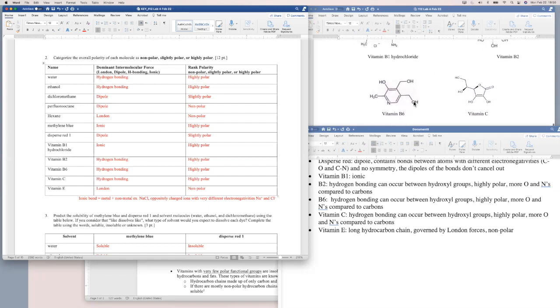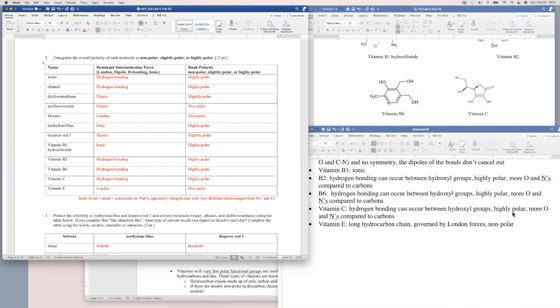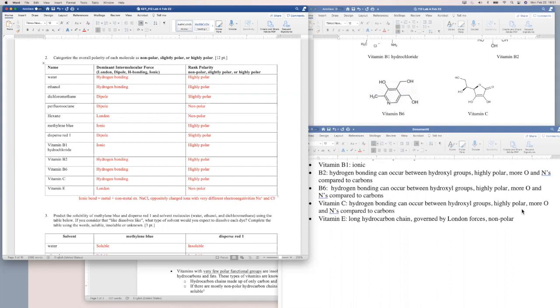And then we have vitamin B6. It's basically the same explanation. It's again those hydroxyl groups here, the OHs. Those can undergo hydrogen bonding as well. And highly polar, there's more oxygens. Oh, this is another thing I left out. More oxygens and nitrogens was one of those steps up above.